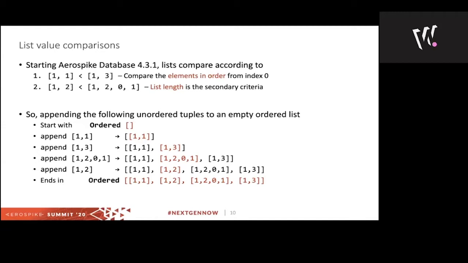Next we append 1, 2, 0, 1, and you can see how that slots in the middle between those two, because 1, 2 is less than 1, 3, and length is the secondary criterion. Then we append 1, 2, and that goes to the left of 1, 2, 0, 1. And you can see how it ends.